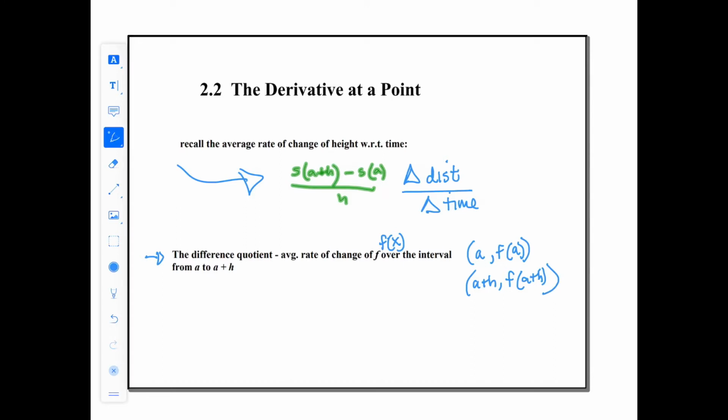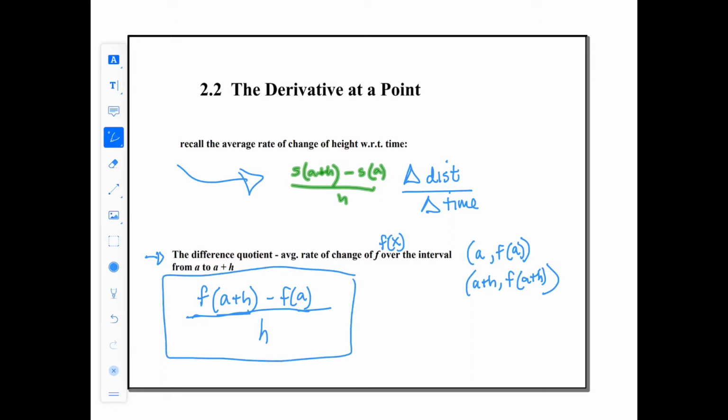So our difference quotient would just be our change in our y's. So it's our y2 minus y1 over, and then I'm hoping that we are identifying that it's our change in our x's, a plus h minus a. Oh, shoot. A plus h minus a, so then that just left us with h. This, folks, is referred to as the difference quotient.